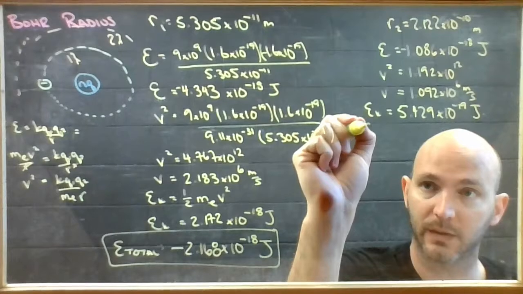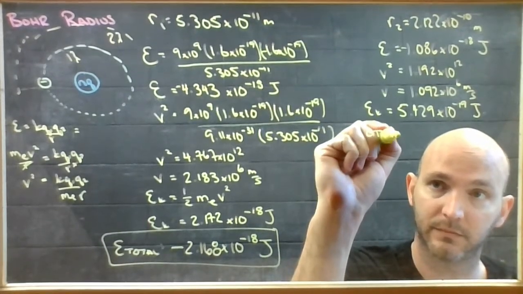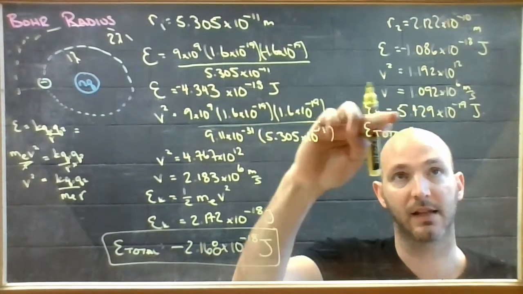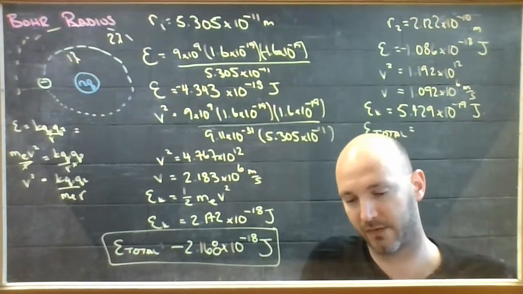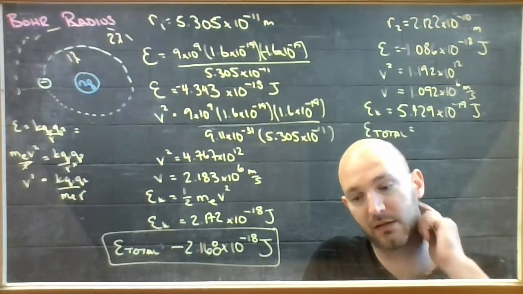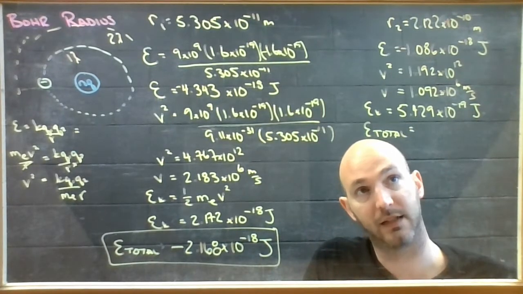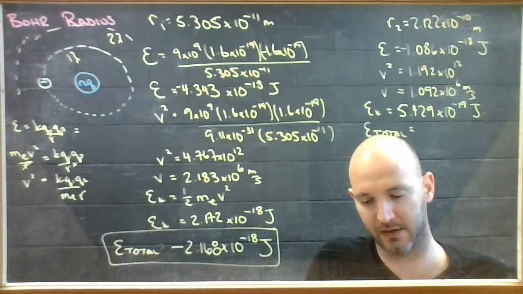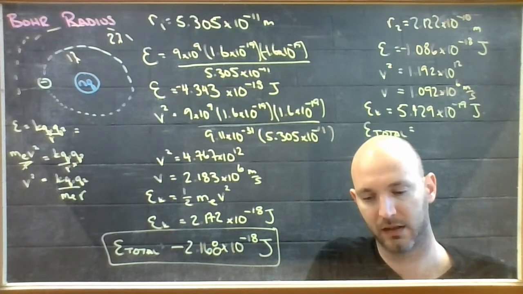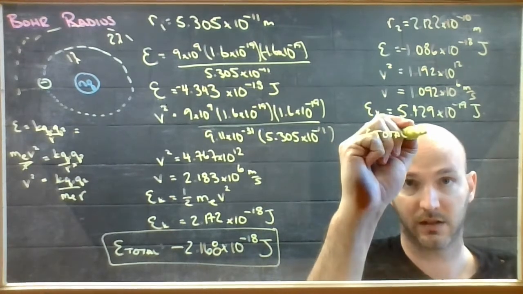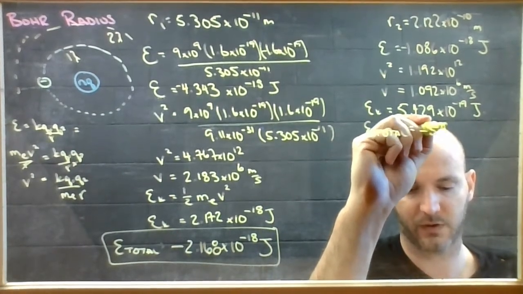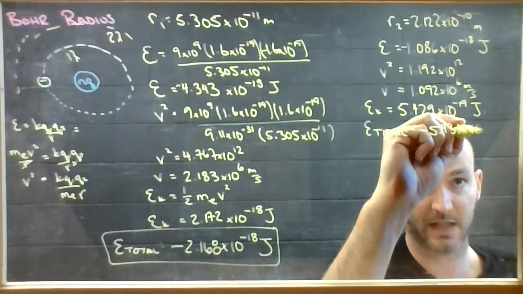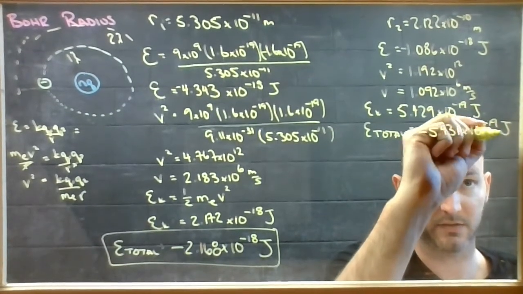So I can get a total then. This energy plus that energy, so 5.4288 add negative 1.086 times 10 to the negative 18 gives me negative 5.431 times 10 to the negative 19 joules.